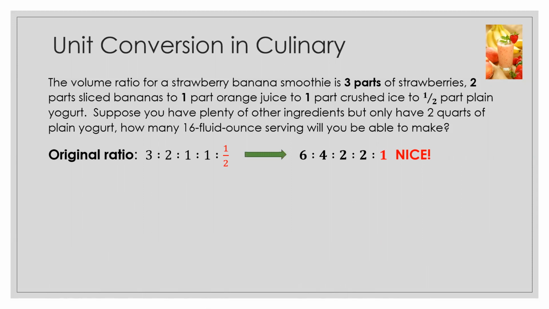This is very standard. They would give either volume ratio or weight ratios in their recipes. Now the ratio said 3 to 2 to 1 to 1 to 1/2, right? The half looks kind of scary. So what we can do is multiply everything by 2 to clear the fractions, and that should give you 6, 4, 2, 2, 1, right?